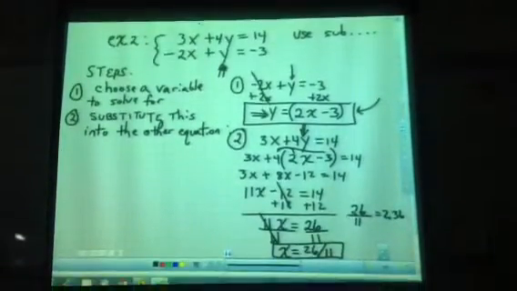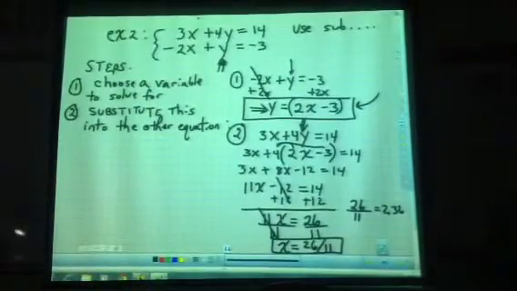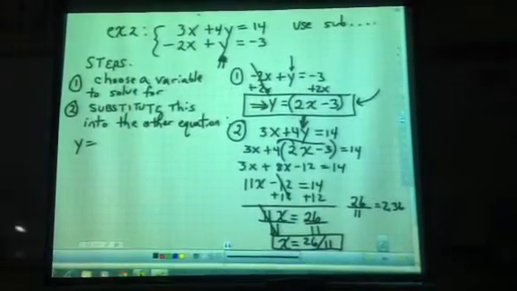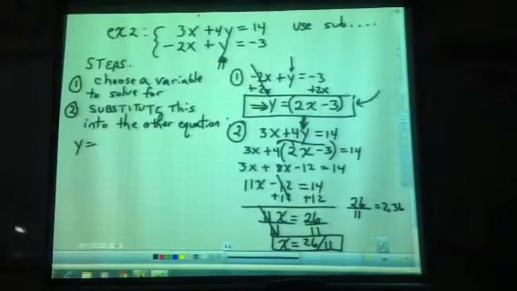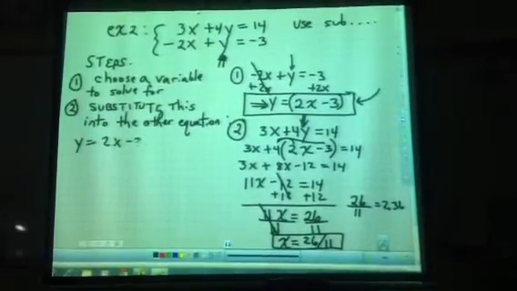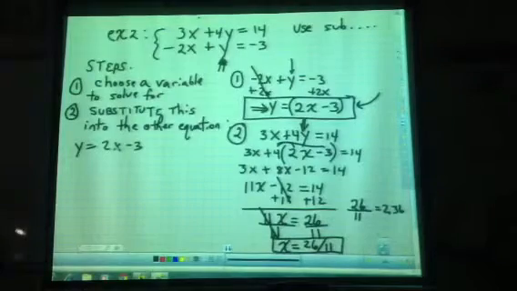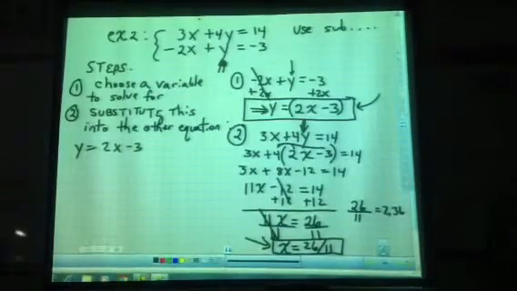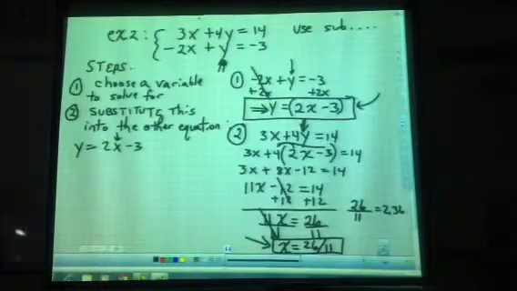Okay, so anyway, you need to find out what y is. So y equals, remember the boxed solution for y? Since y equals 2x minus 3, we could find y by substituting, since we have a solution for x. Substitute.